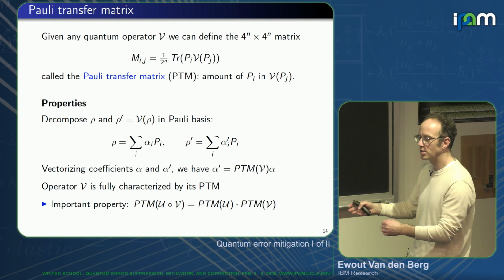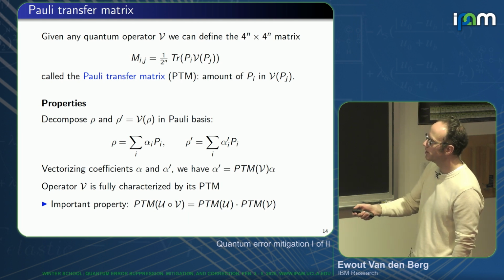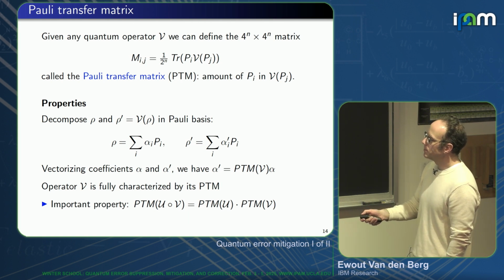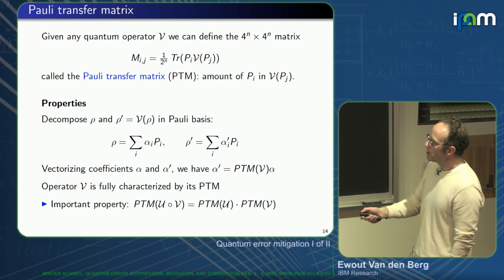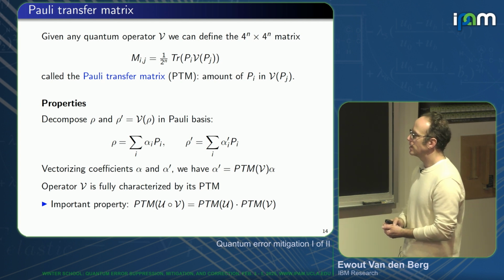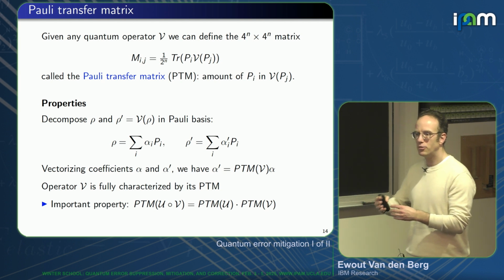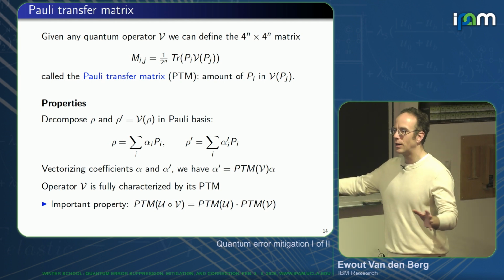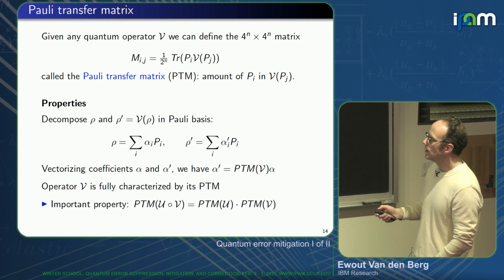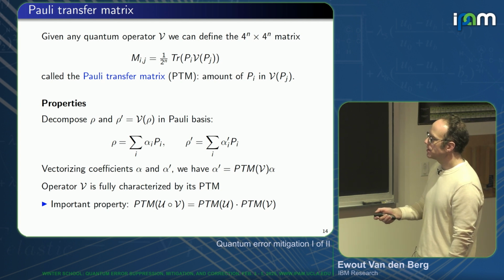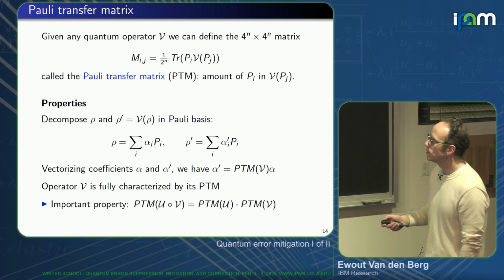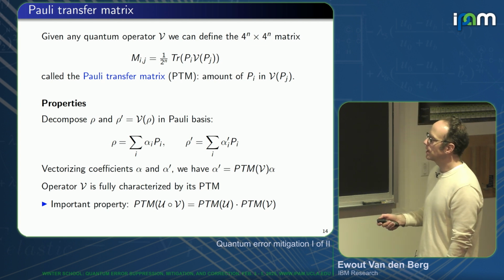What is the component of this in the new state? This matrix is called the Pauli transfer matrix, and it just says how, if you put in one Pauli, which other Paulis it maps to. This is a convenient way of writing operators, at least on paper, because they grow quickly, of course.